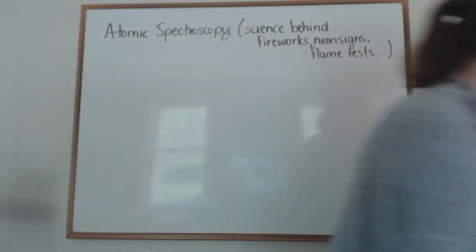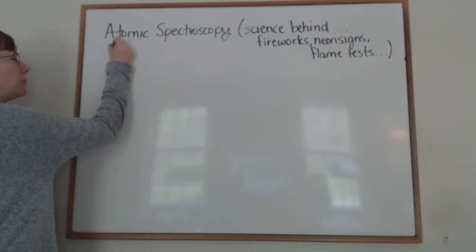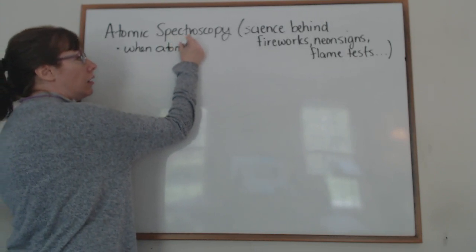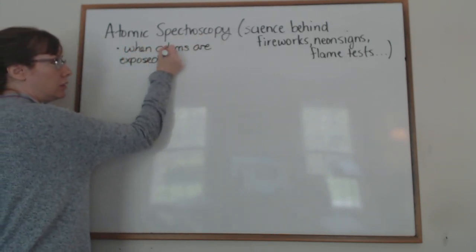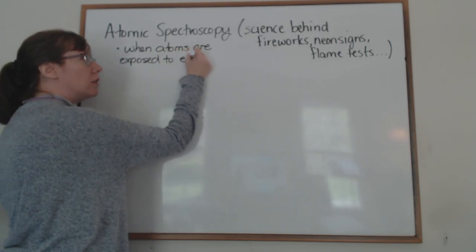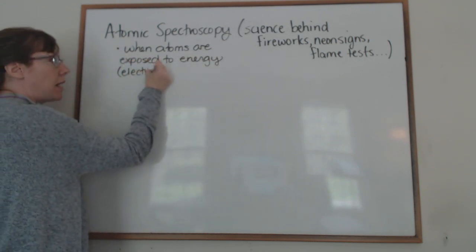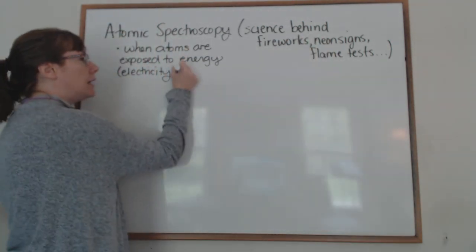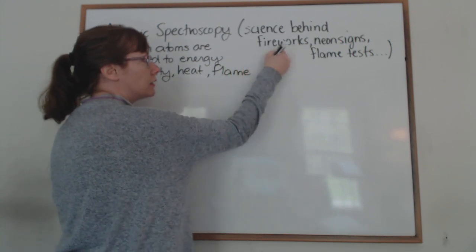So let me give you something to write on the board. Atomic spectroscopy, let's give you a couple bullet points, is that when atoms are exposed to energy in the form of electricity, which by the way is what you would get with neon signs, heat or flame, which is what you're going to get with fireworks.